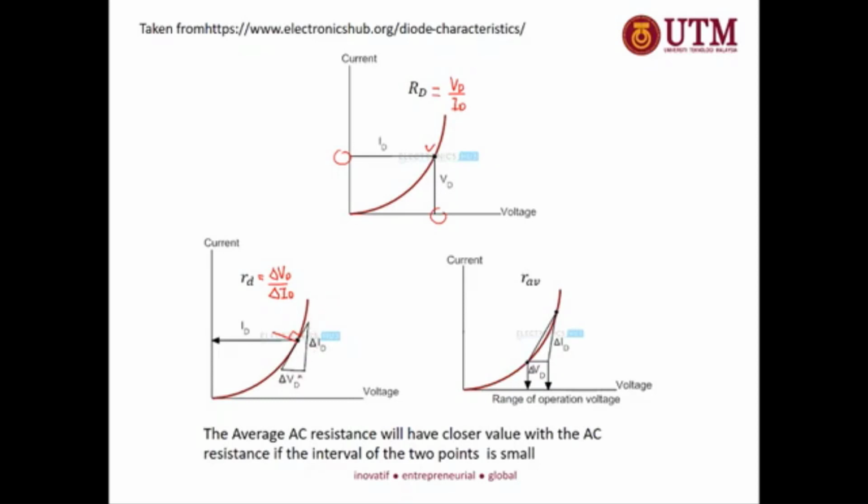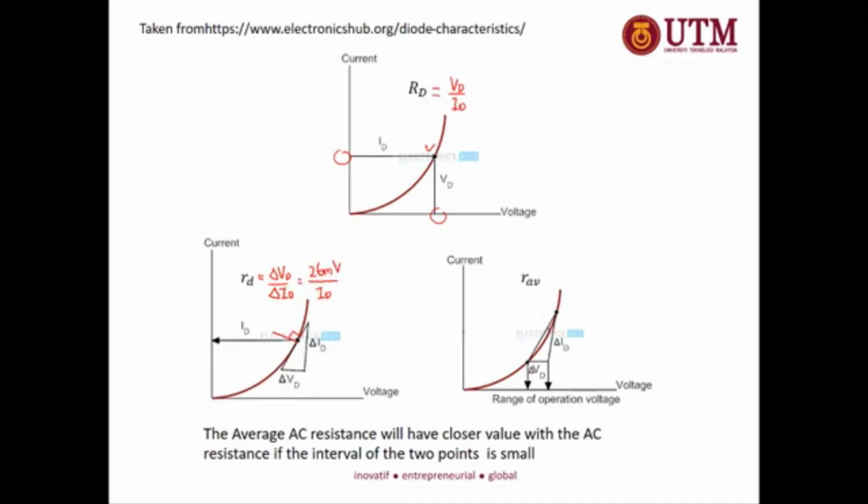You get the tangent line and then you have delta VD and delta ID. From that you can get the small rd. This is the mathematical approach. But since we know the function is an exponential function, you can solve the differentiation part, and at the end we get 26 millivolt over ID, as simple as that.